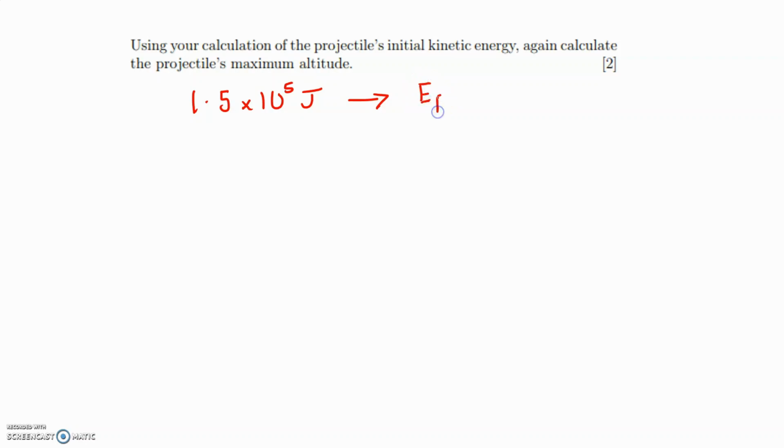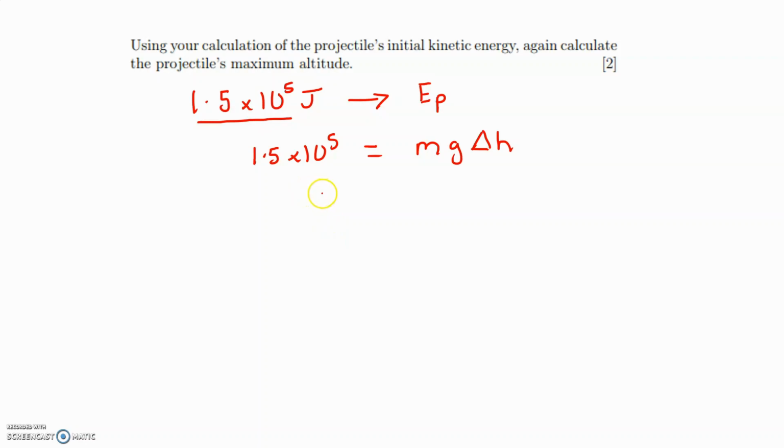So at its highest point, all of this energy will be transferred to gravitational potential energy. So we can say that 1.5 times 10 to the 5 equals mg times the change in height, which is what we're trying to calculate.